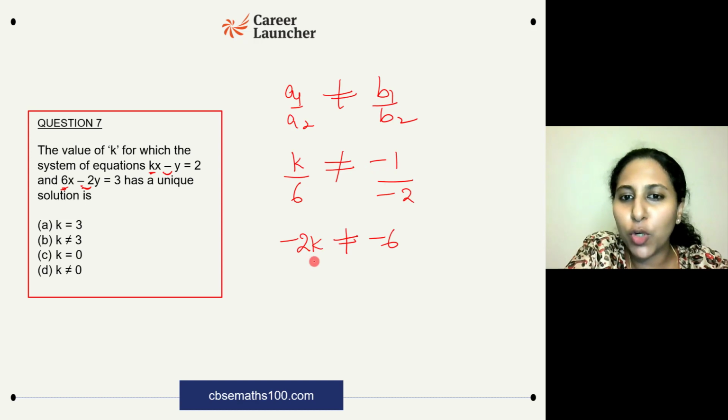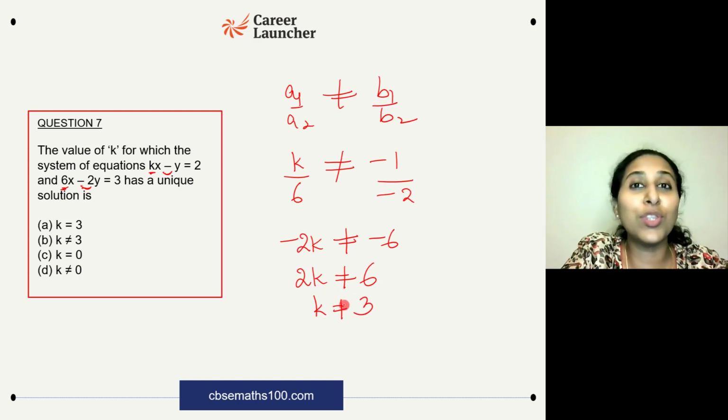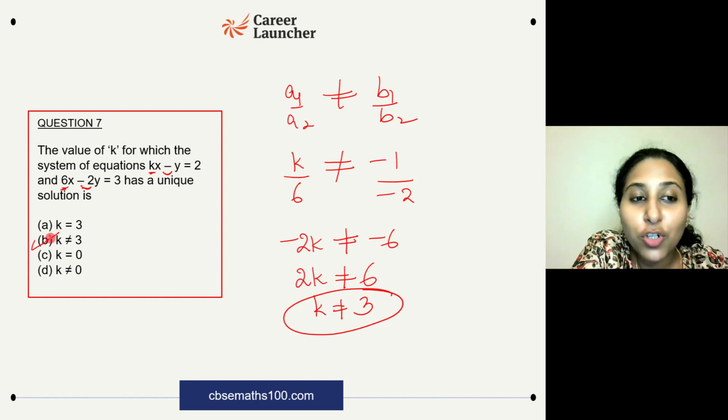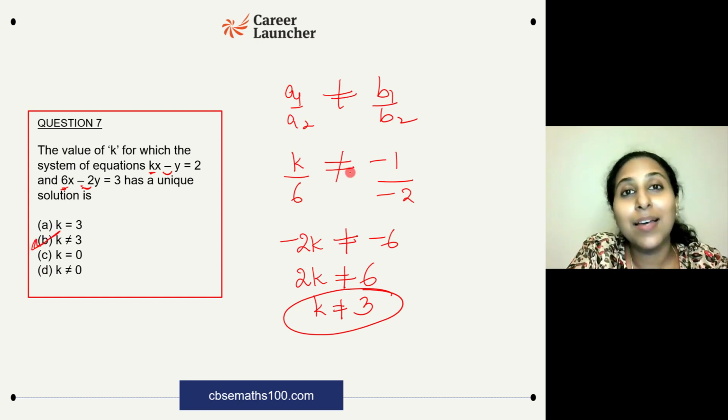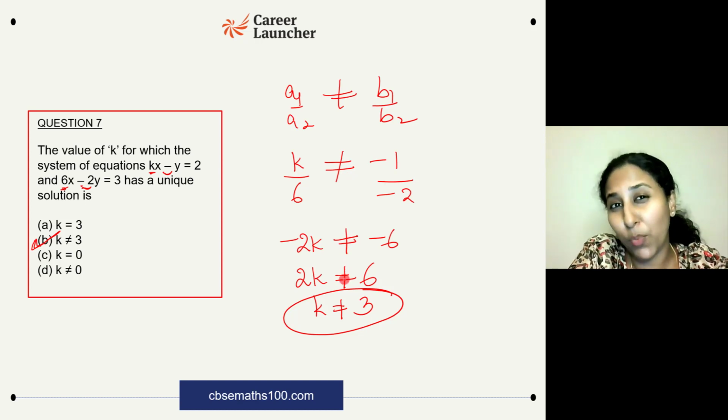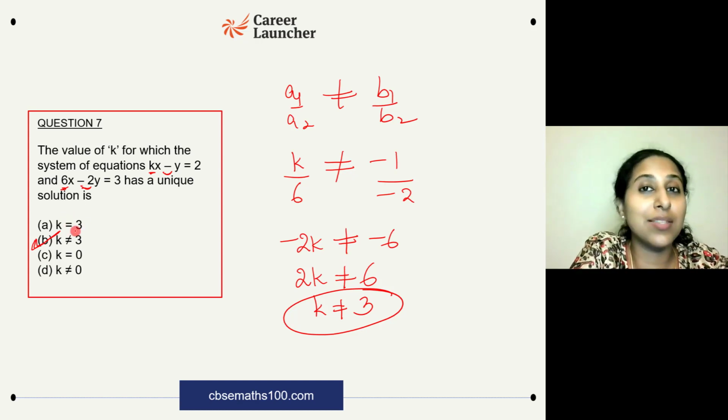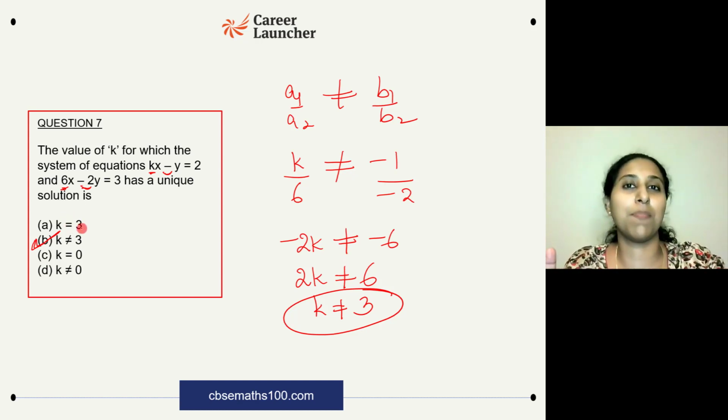If this is the case, what do we have? We have 2k not equal to 6, which means k not equal to 3. The answer over here is k should not be equal to 3. Some of you may skip writing this not equal to step and mark k is equal to 3 as the answer. Please be careful about this.